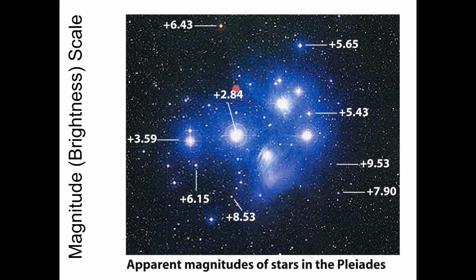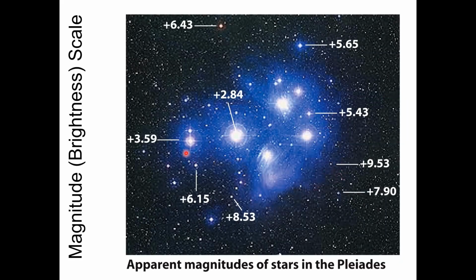So these numbers are the new things here. These are the actual magnitudes of these stars. If you go to the brightest one, probably over here, that's about 2.84, and then the other ones are marked too. I don't know why this one is not marked anyway.